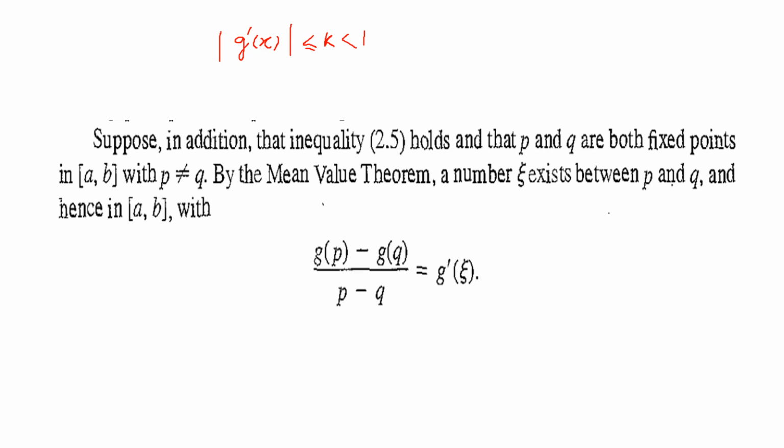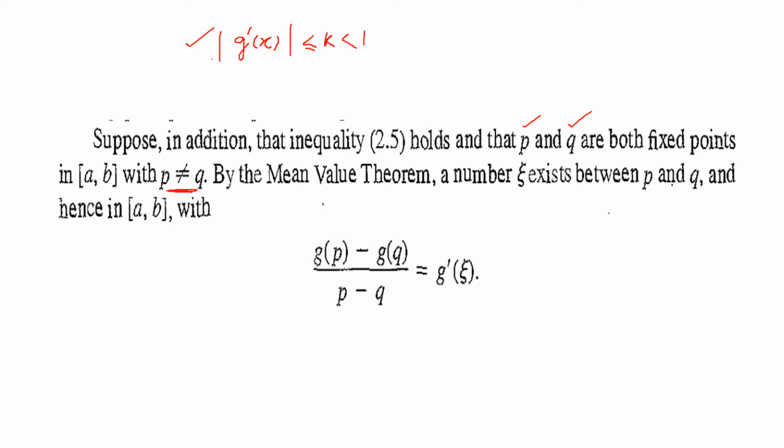We assume that this condition holds and p and q are two fixed points. We know that if p is the fixed point, then g(p) is equal to p. And if we say that q is also a fixed point, then g(q) will be equal to q. And these two values are not equal, different values.